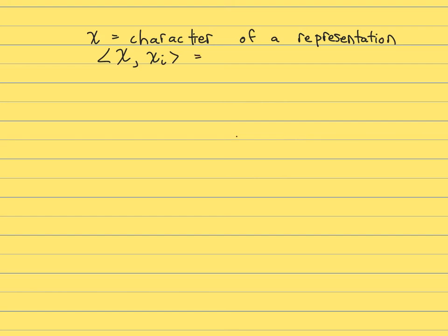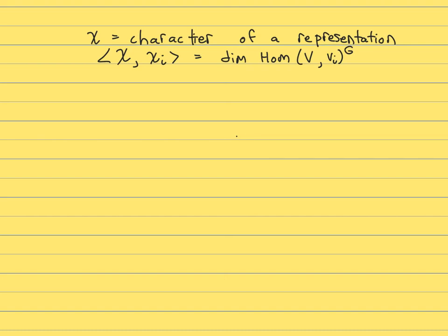What should you get? Well, it should be the dimension of the G invariant homomorphisms from the corresponding G module V underlying this representation to this irreducible G module.